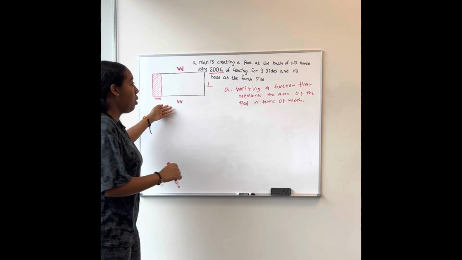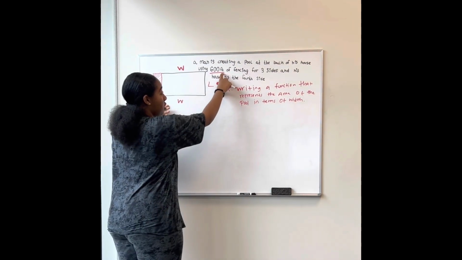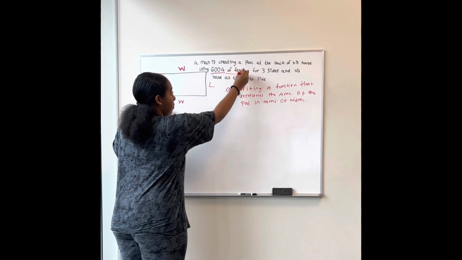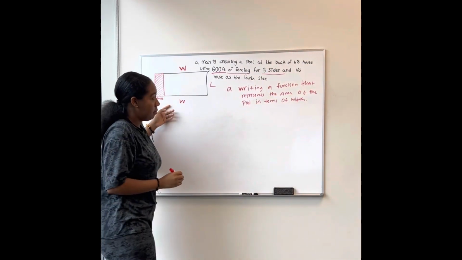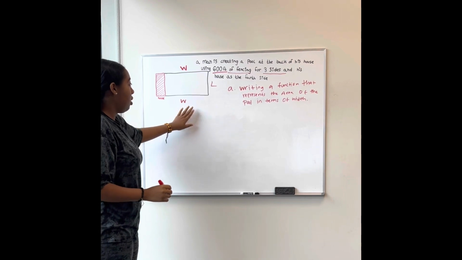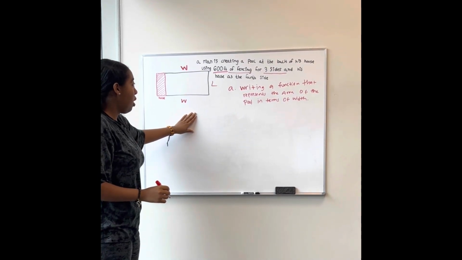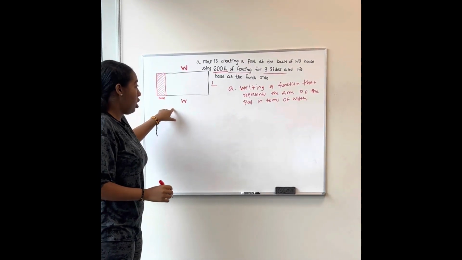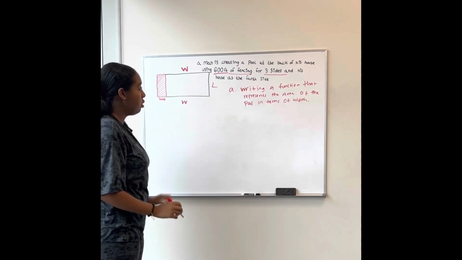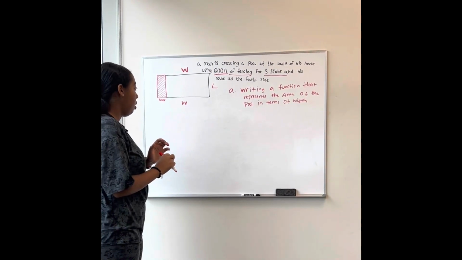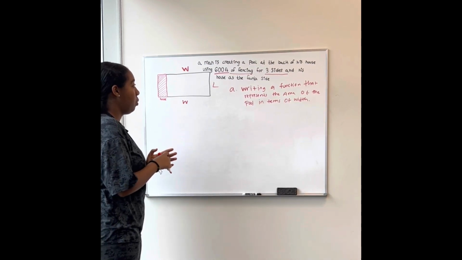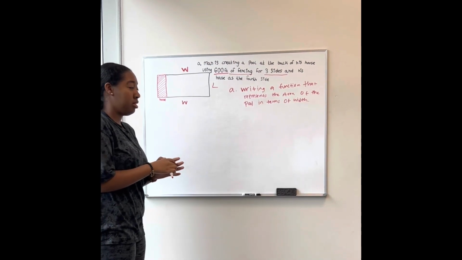And since we know that there's 600 feet of fencing, and we also know that there are 3 sides, we take out 2 widths and a length. Then we add them together to equal the 600 feet of fencing.